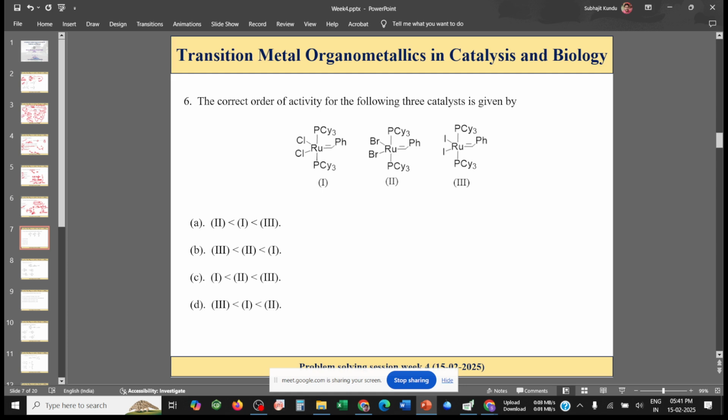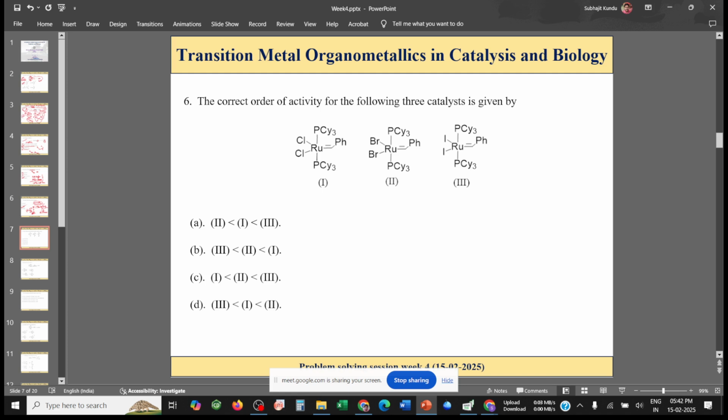Now we have seen the synthesis of Grubbs catalyst. This is called the ruthenium metal carbene intermediate to facilitate the olefin metathesis reaction, and Grubbs catalyst, that is the ruthenium based catalyst, is one of the useful tools, which is easily possible to make, air stable, and also has functional group tolerance.